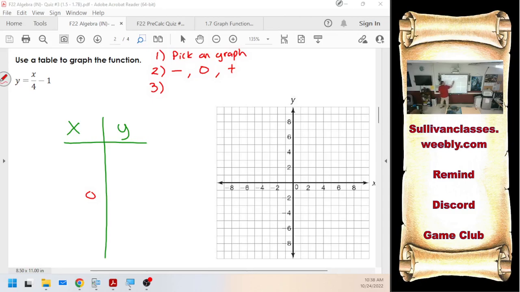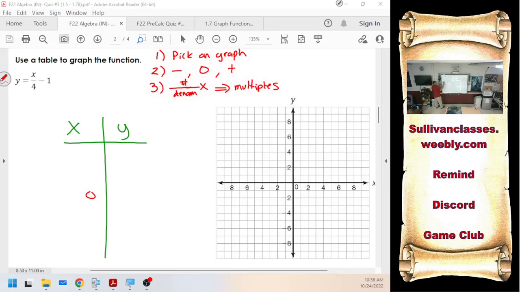But 3, if I ever have a denominator, either in front of my x or below it, then I want to pick multiples.